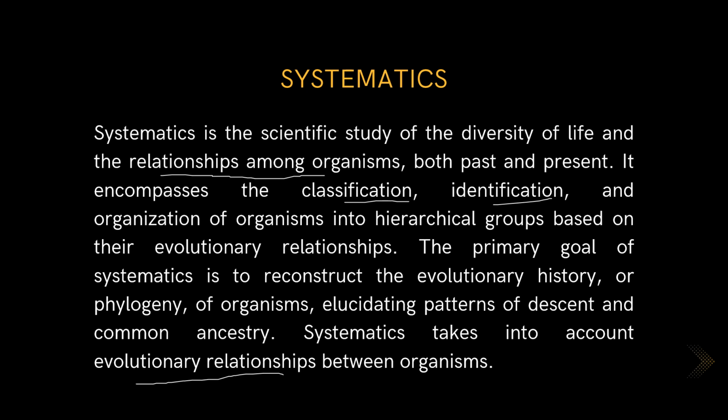This elucidating patterns of descent and common ancestry just involves evolution, like how it came, how it emerged. So you don't need to remember everything, just remember the organism categories, the diversities, and the relationship among them. So that's it.